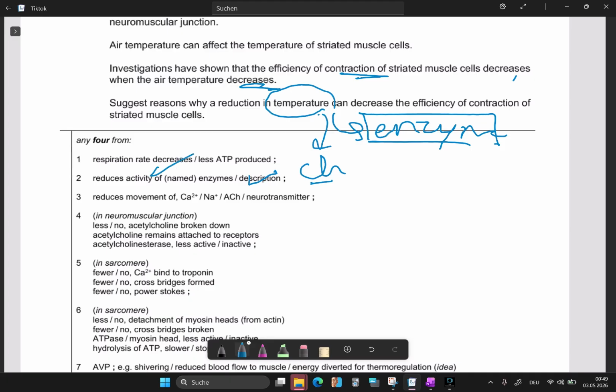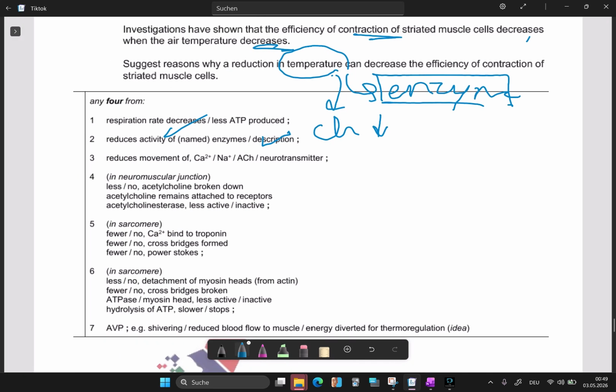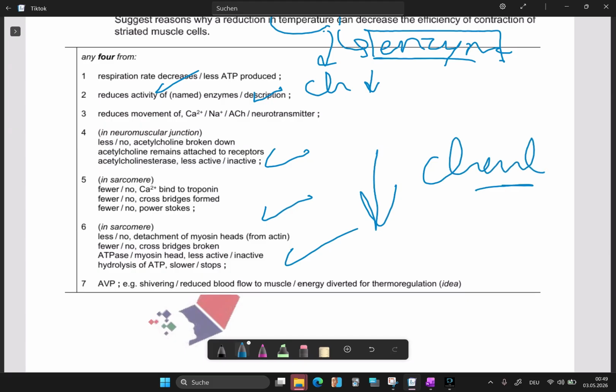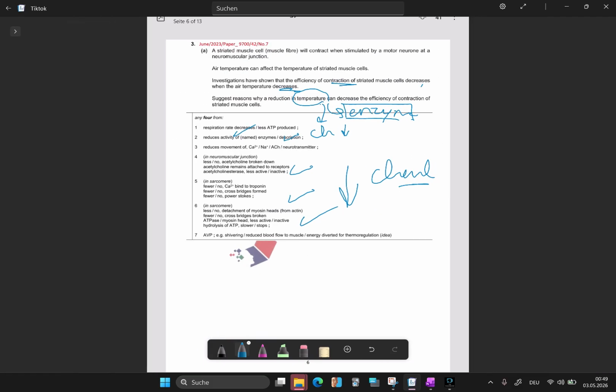And at the same time, the channels will also not work well, so there will be reduction of the movement of ions. So anything that requires ions will decrease, like the neuromuscular junction or the sarcomere or the cross-bridge attachment and detachment. All of those will decrease because kinetic energy decreased, so there's less movement, so less work of proteins.